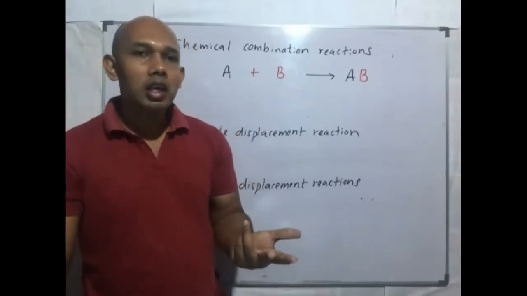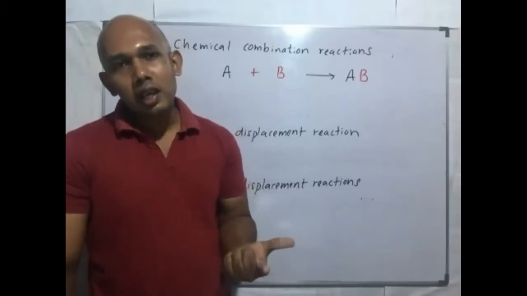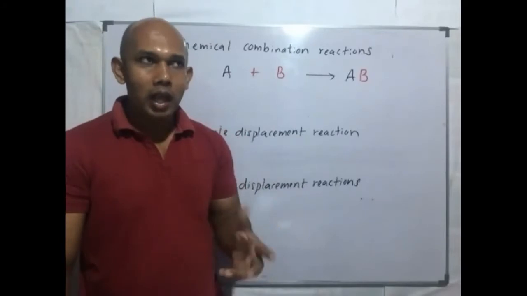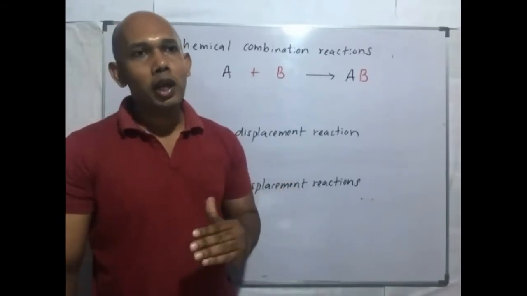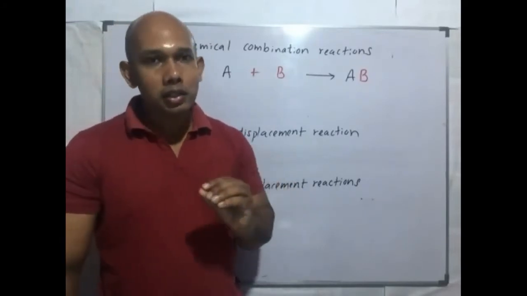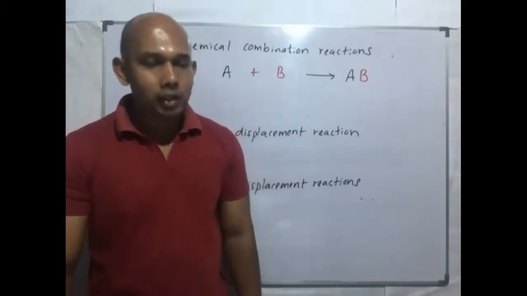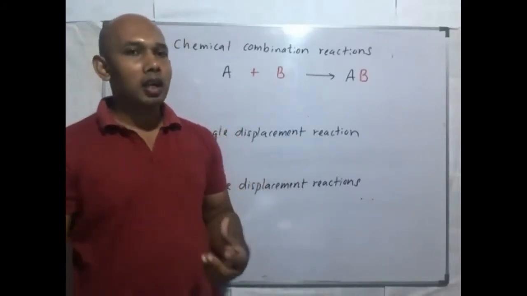It is better if you can write whether it is solid, liquid, gas, or solution. But the first two must be done. We have to write the standard symbols, and we have to balance the chemical reaction.